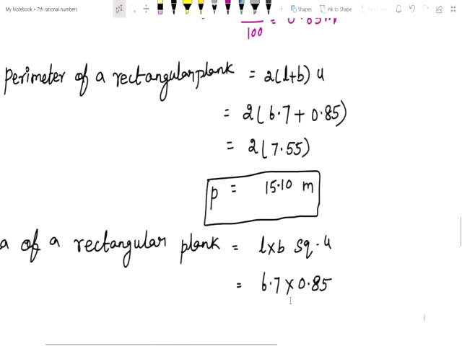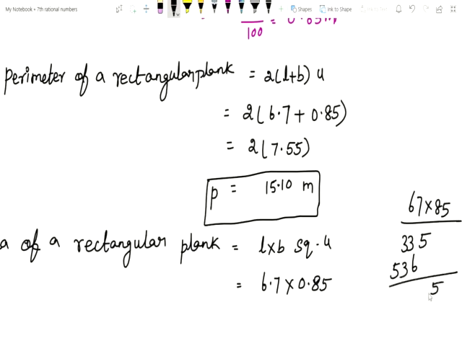6.7 into 0.85. So without the decimal you take it. 67 into 85. 5 7s are 35. 5 remaining 3. 5 6s are 30. 30 plus 3 33. 8 7s are 56. 6 remaining 5. 8 6s are 48. 48 plus 5 53. 5 6 9 5.